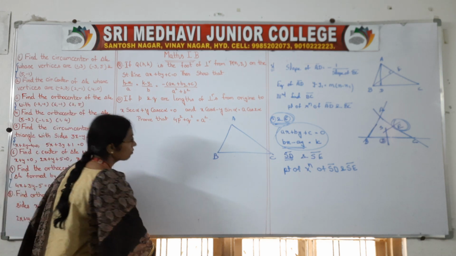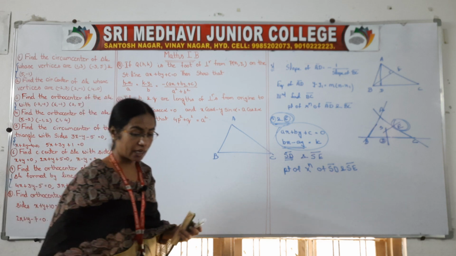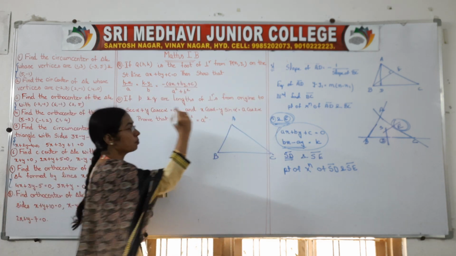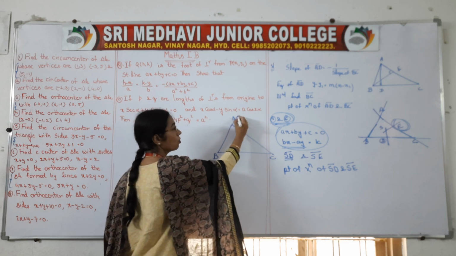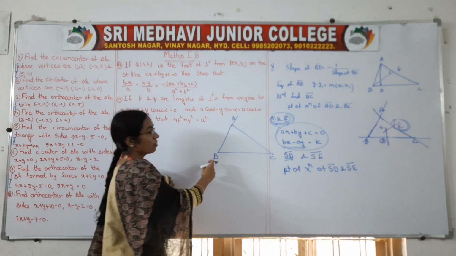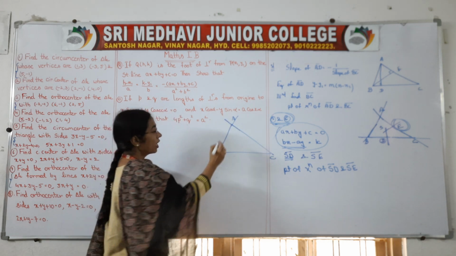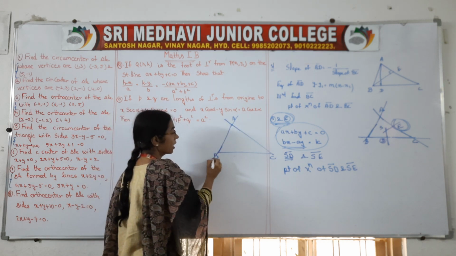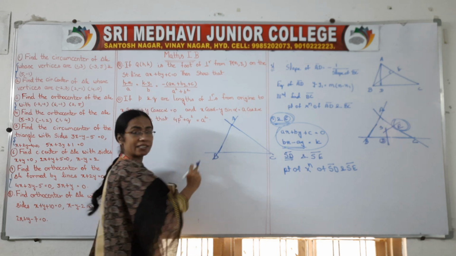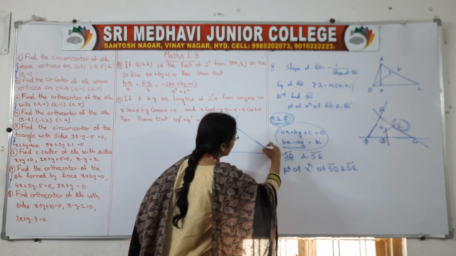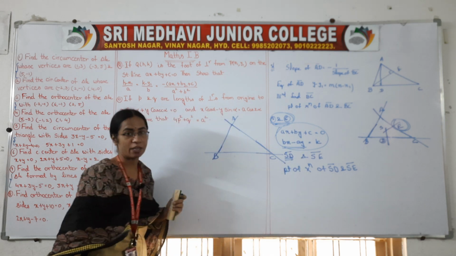If the AB, BC, CA line sides are given to us, we have to find the points of intersection. The point of intersection of AB and AC is A. The point of intersection of AB and BC is B. And the point of intersection of BC and AC is C.